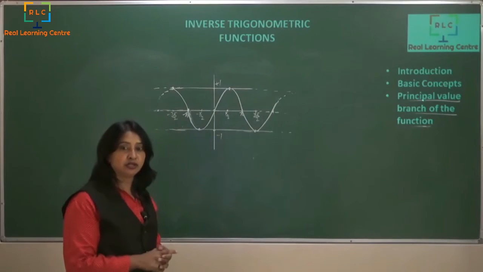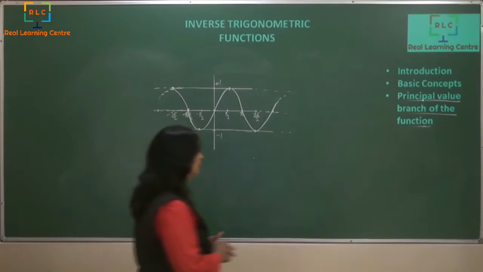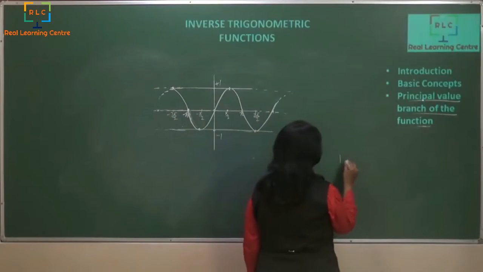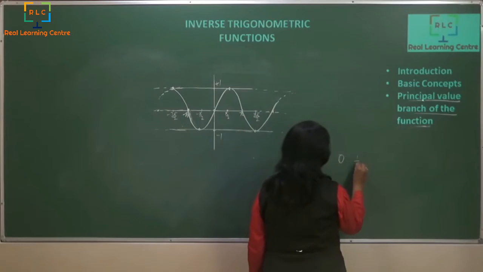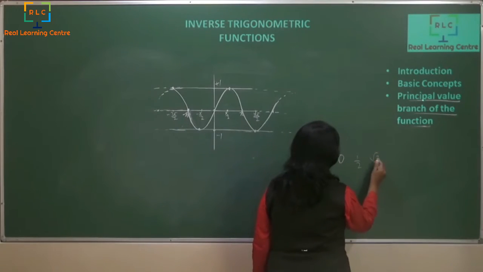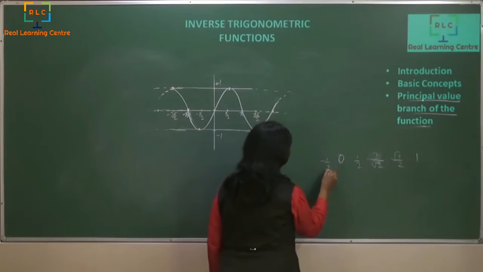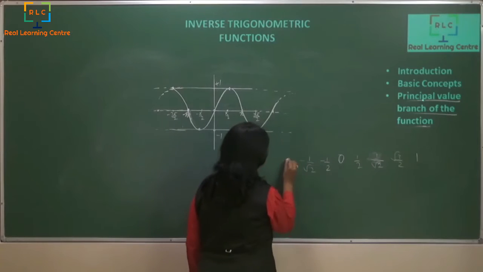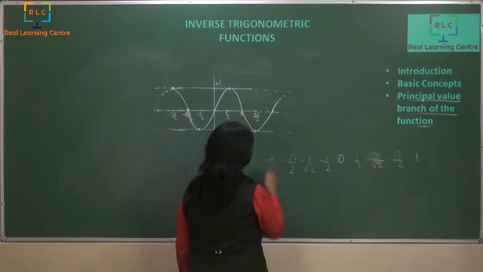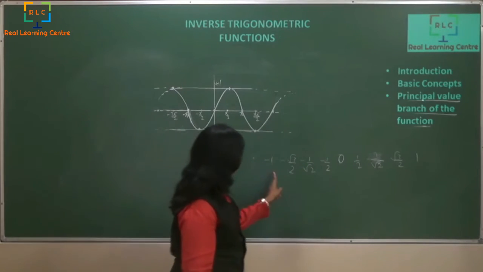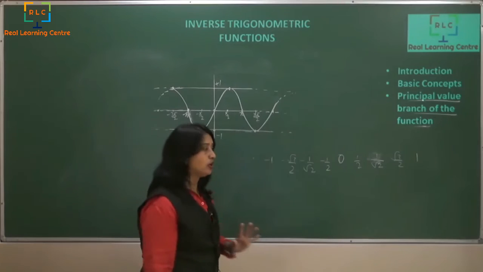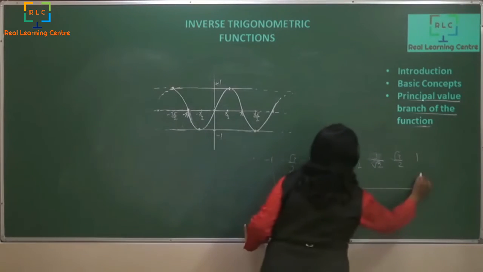Now when you look into your trigonometric table, you have sine 0 is 0, 1 by 2, 1 by root 2, root 3 by 2, 1. And the same thing on the other side, you have minus 1 by 2, minus 1 by root 2, minus root 3 by 2, minus 1. Now in this range of minus 1 to plus 1, your values will not get repeated.